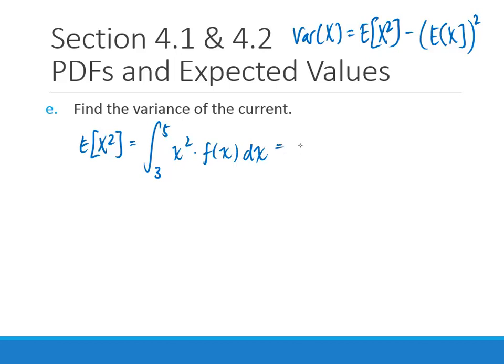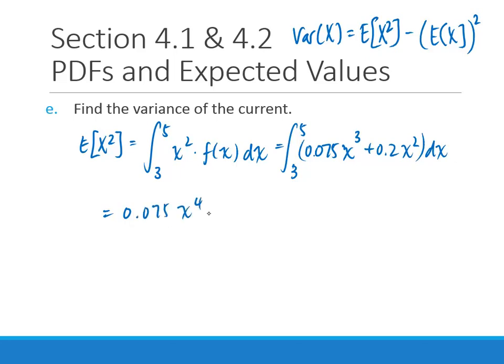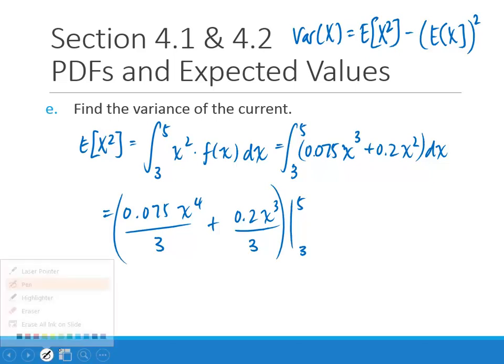So this is from 3 to 5 of 0.075 x cubed plus 0.2 x squared dx. And that's 0.075 x to the 4th over 4 plus 0.2 x cubed over 3, evaluated at 3 and 5. Sorry, going too fast here.